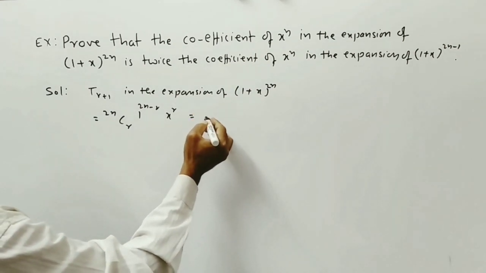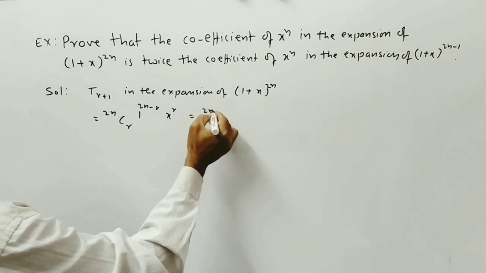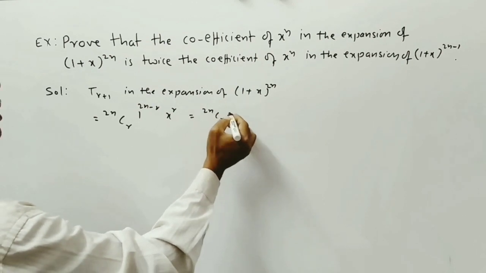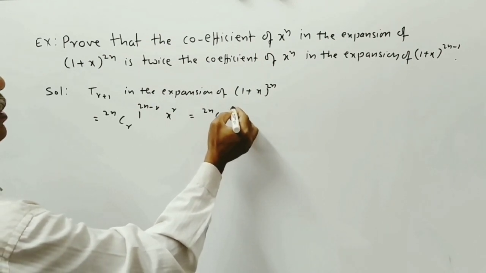This is equal to 2n c r into x raised to the power r.